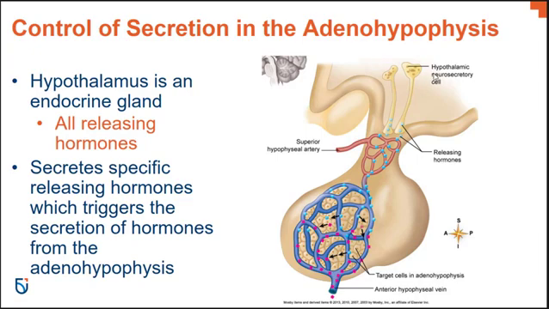Neurons that are found within the hypothalamus can actually produce hormones. These are very specialized cells called neurosecretory cells, and there are different types of releasing hormones that are produced by the different types of neurosecretory cells found within this gland.